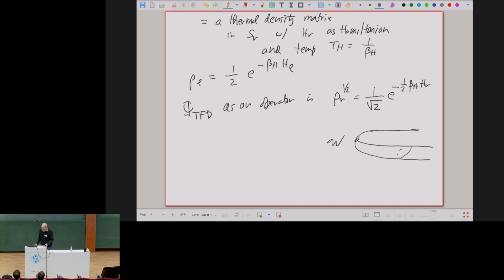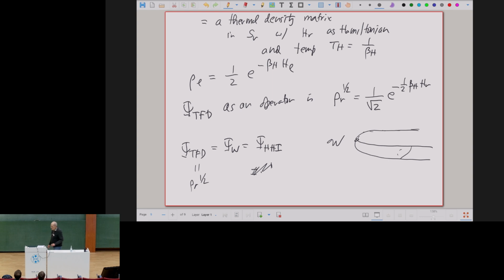Therefore, since the path integral on W by definition is the state psi W, which we also decided was the Hartle-Hawking-Israel state, we learned that the thermofield double state, rho r to the 1/2, is just the Hartle-Hawking-Israel state.